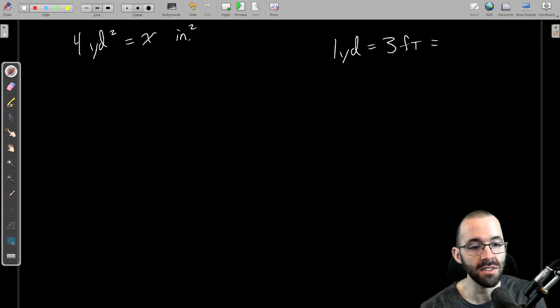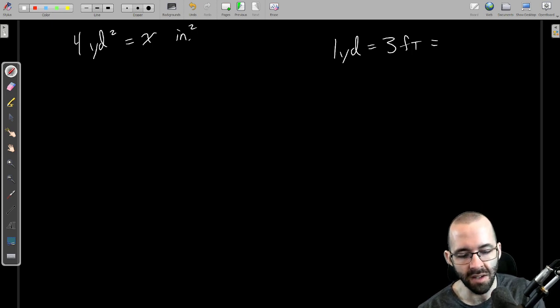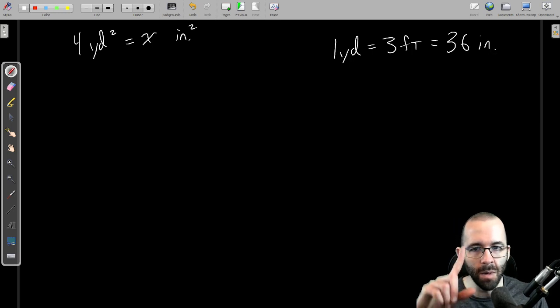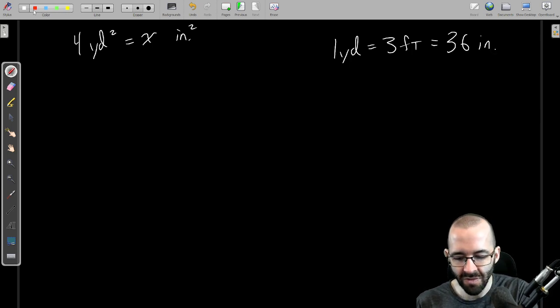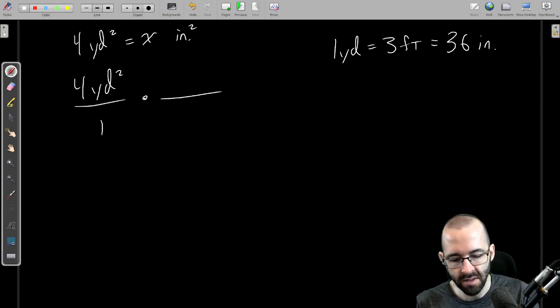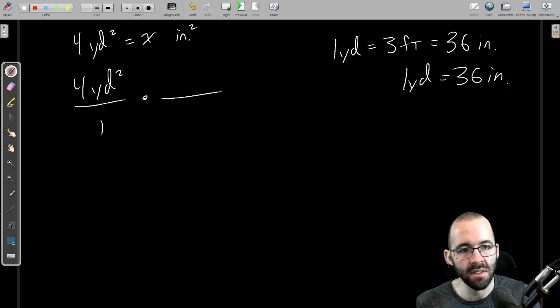And how many inches is 3 feet? Well, a foot is 12 inches, so 3 feet is 36 inches. But watch this. If I write 4 yards squared divided by 1, and again, this tells us that 1 yard is 36 inches.